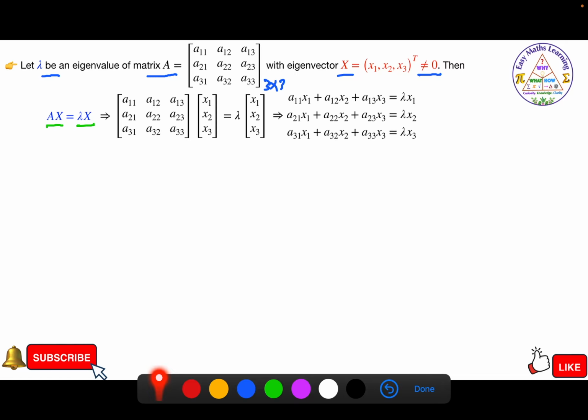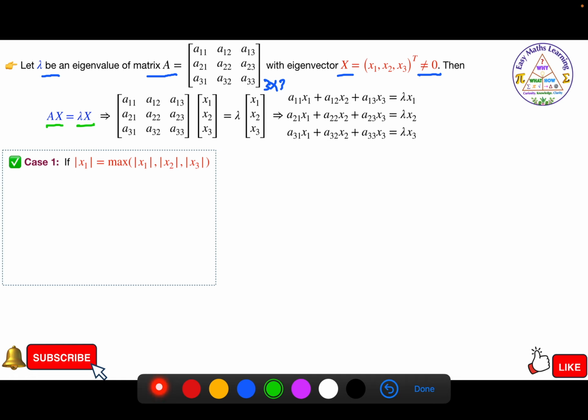Now we consider an important idea. What is the idea? This eigenvector has three components, x1, x2, x3. We take the modulus of x1, modulus of x2, modulus of x3. Among these three numbers, at least one must be maximum.